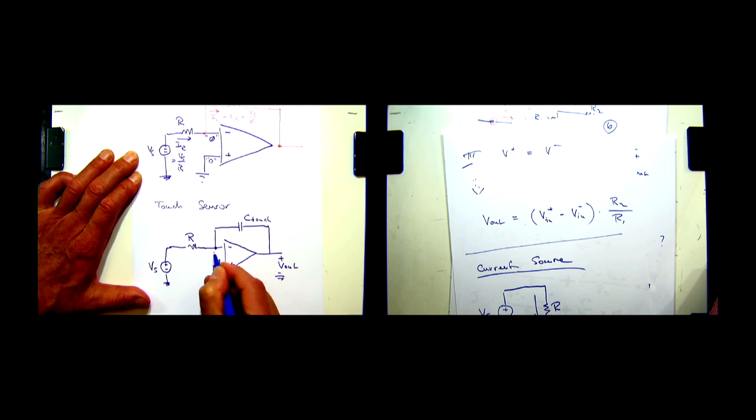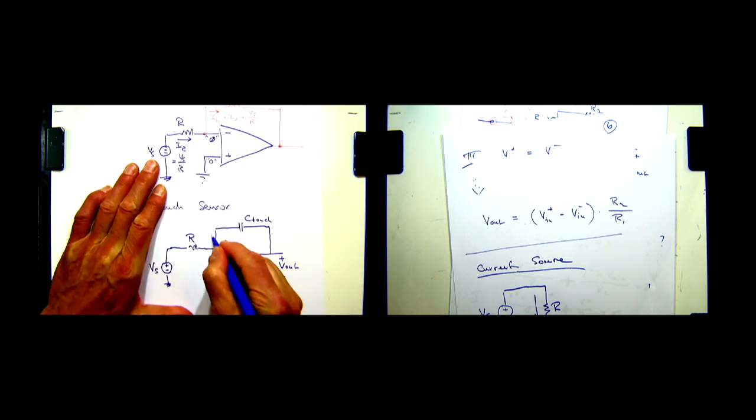This is 0, consequently this is also 0. Okay? And the current that is flowing here is going to be Vs over R, and it doesn't matter at all what C touch is. We have a current source, we have a touch sensor. Hey, slick. And all we need is an op-amp, a very simple circuit.